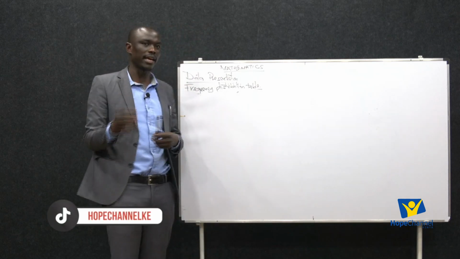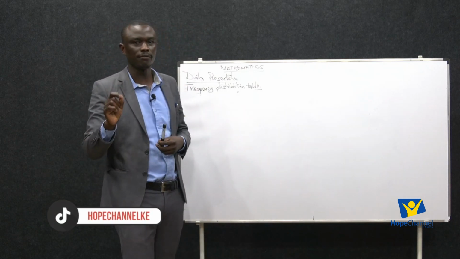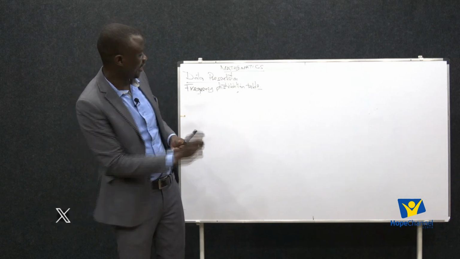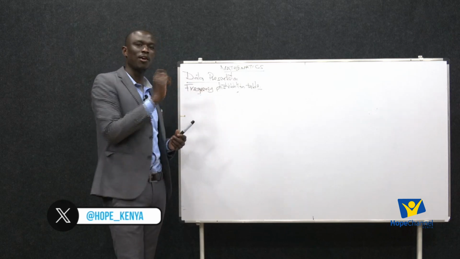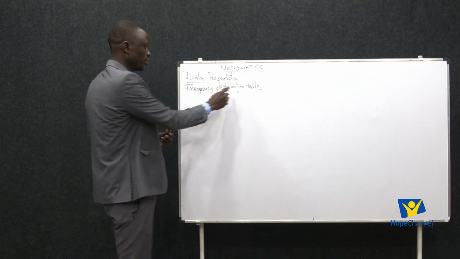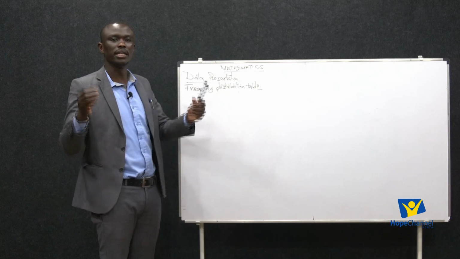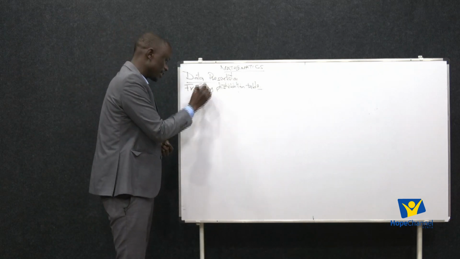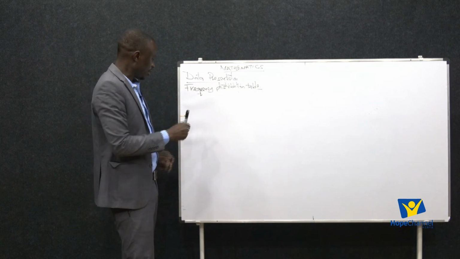If it is 10, ask yourself, how many times does 10 appear in that particular set of data? That one you shall have known, the frequency distribution table. Good. So let's continue.